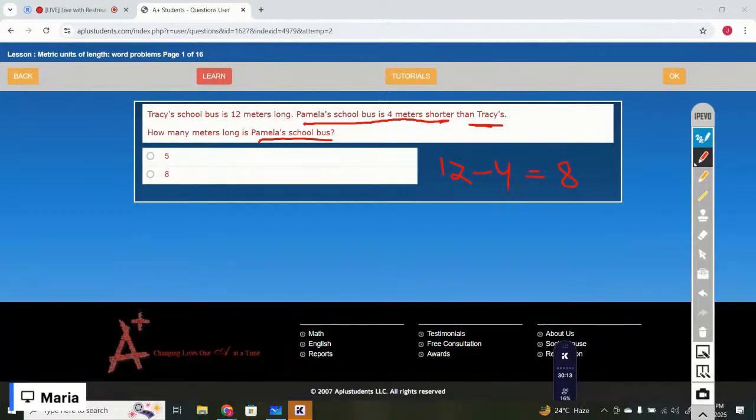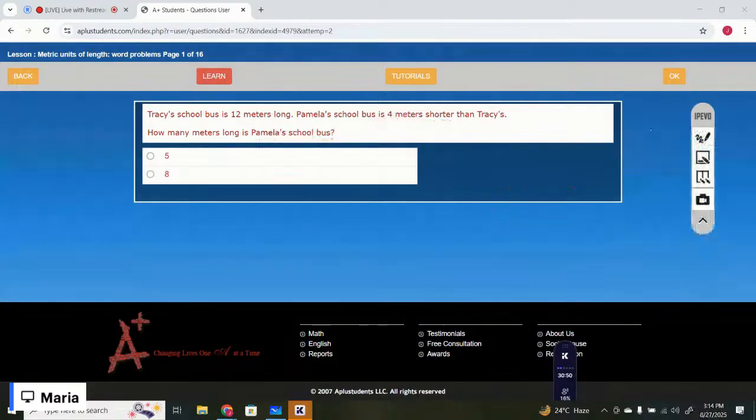So 12 take away 4 means the length of Pamela's school bus is 8. The correct option is 8, option number 2.